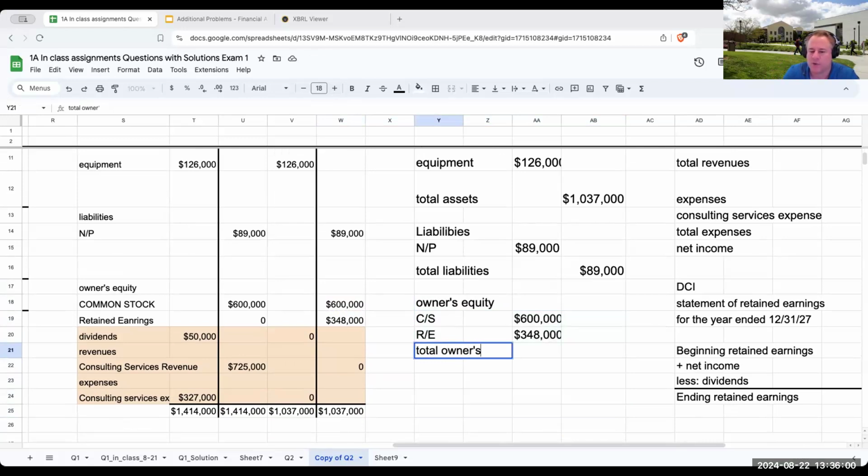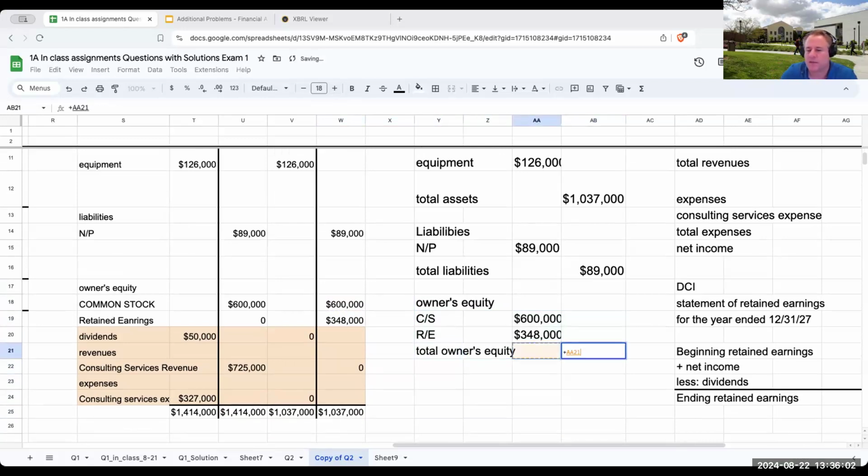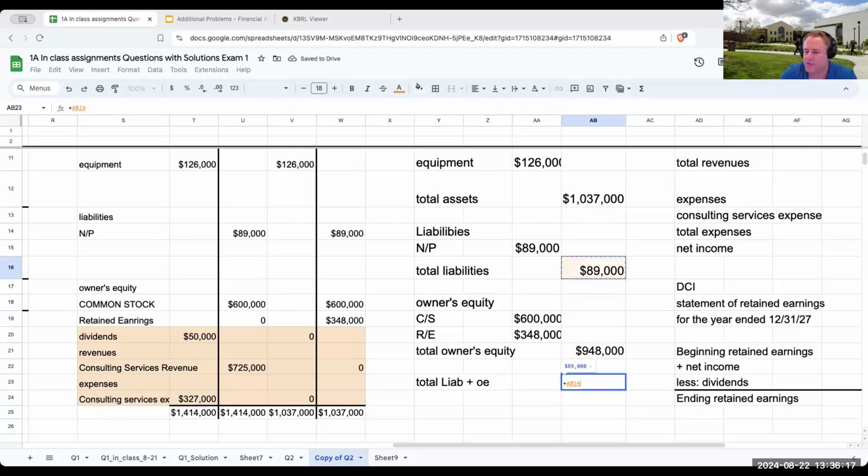So my total owner's equity is going to be 948,000. I'm not done though, because I'm not showing that my balance sheet is balanced. My total liabilities plus my owner's equity is going to be 89,000 of my liabilities plus the 948, or 1,037,000.